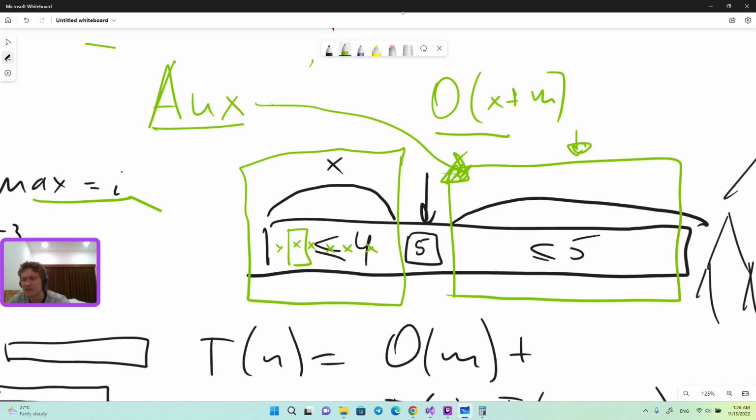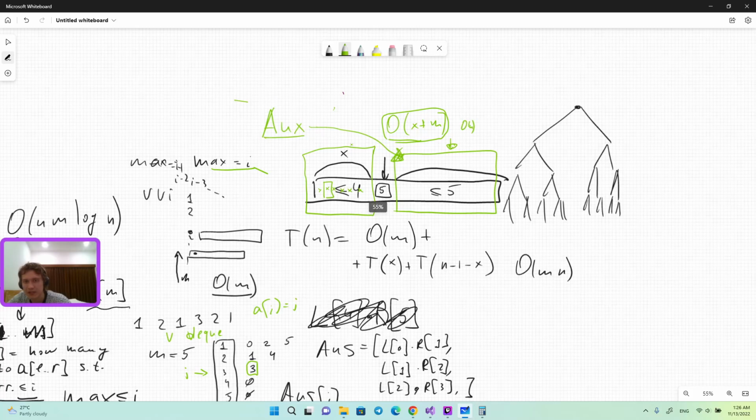But this isn't important. So in this time, we can construct two auxiliary arrays, one from the initial array and the second one just from scratch. The problem with this approach is that this x is O(n). So actually, we will get also O(n) here. So this would be O(n squared). This is not good because n squared can be big.